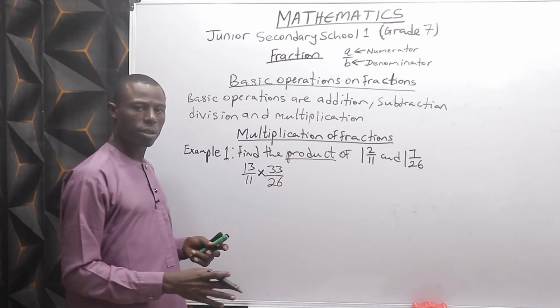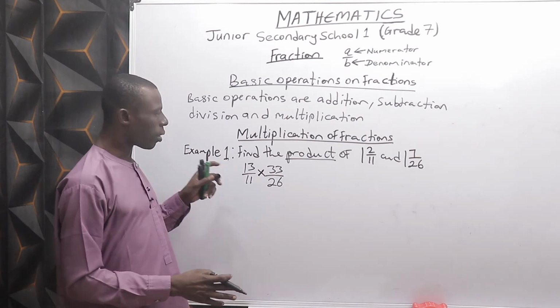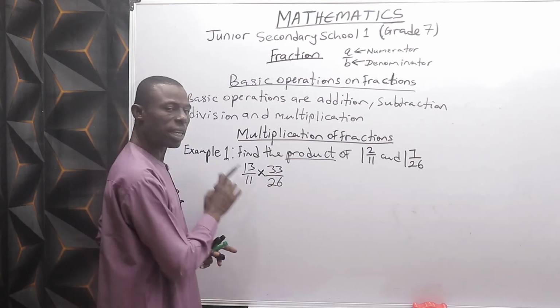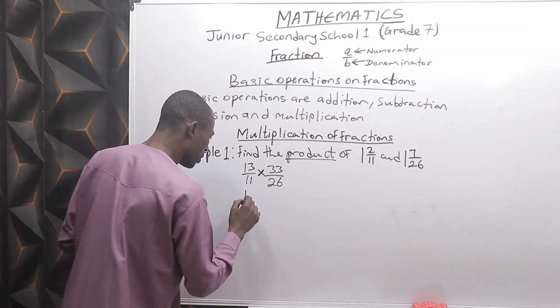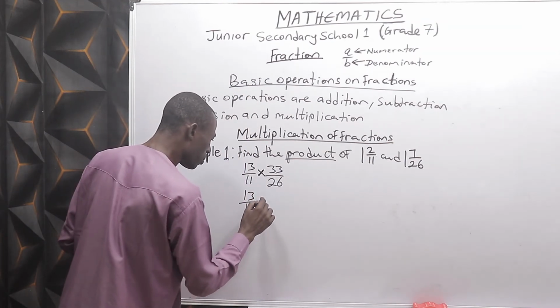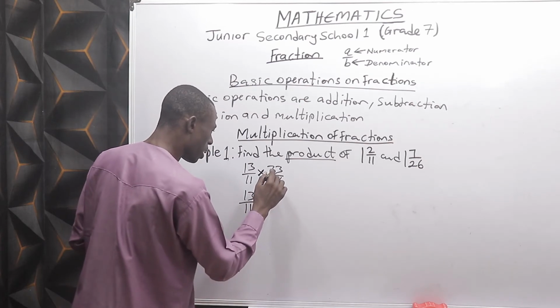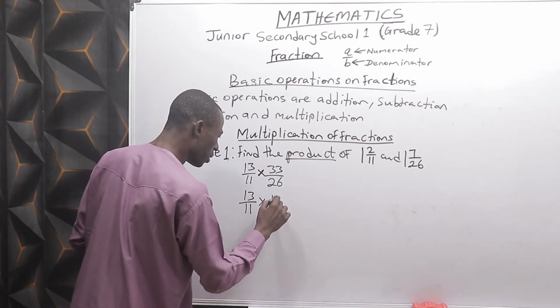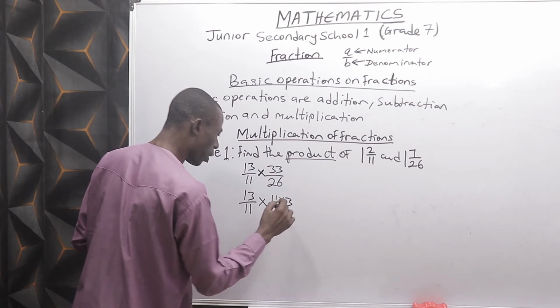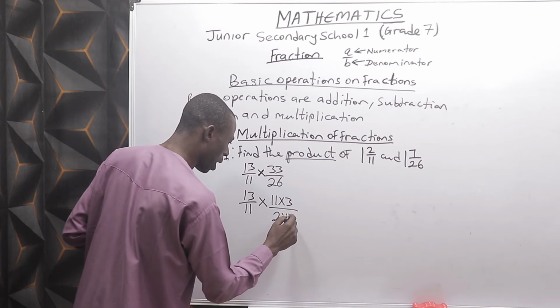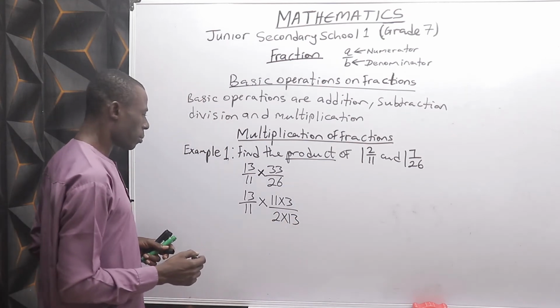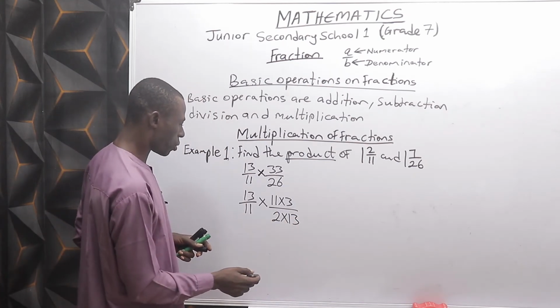To cut this, remember what I said under division? For neat cutting, break these into factors. So you have 13 over 11 times 33 is 11 times 3 over 26 is 2 times 13. So now let's begin to cut.